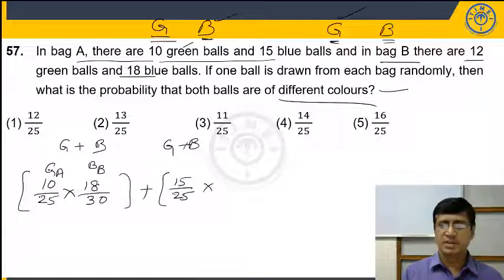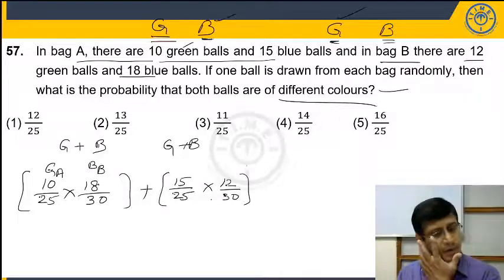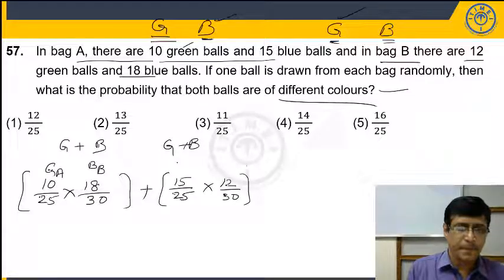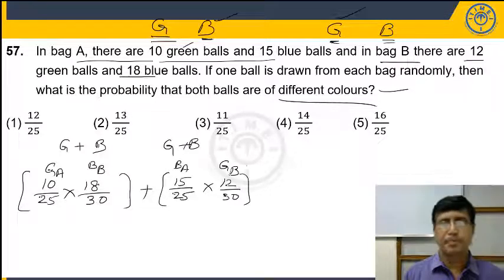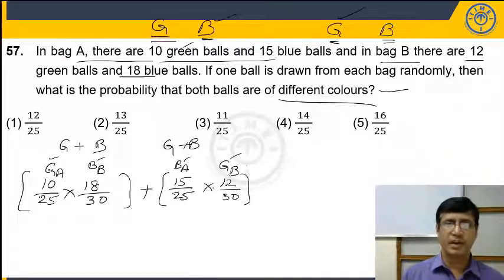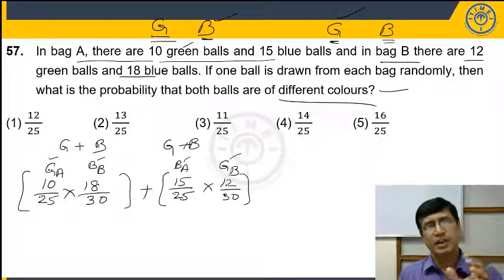And what about the other one? 12 by 30. Am I right? This is a blue from A and this is green from bag B. Green ball from A, blue ball from B, blue ball from A, green ball from B. When you are drawing one ball, you should get different colors.